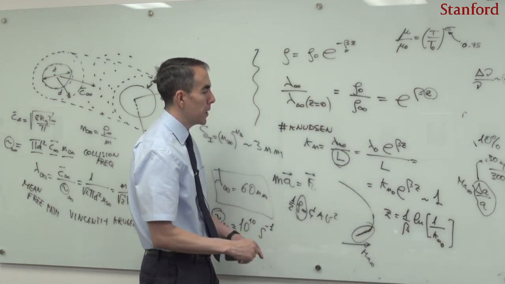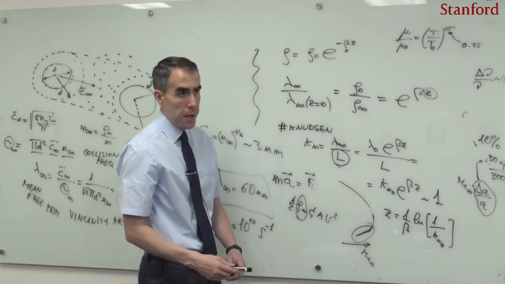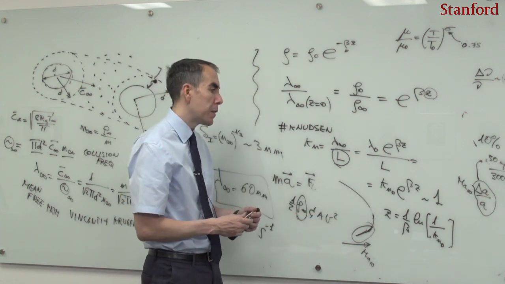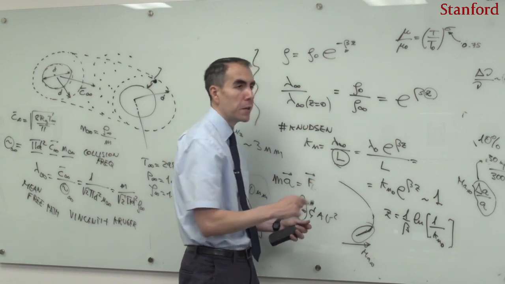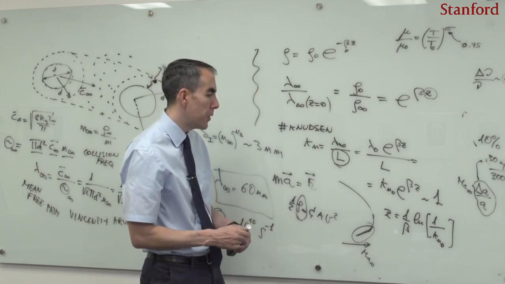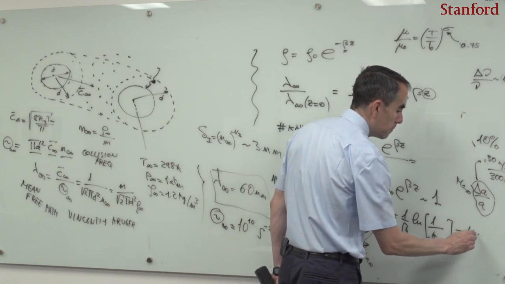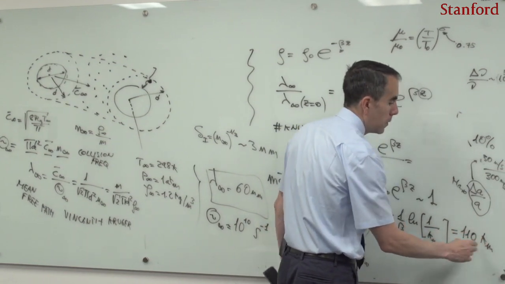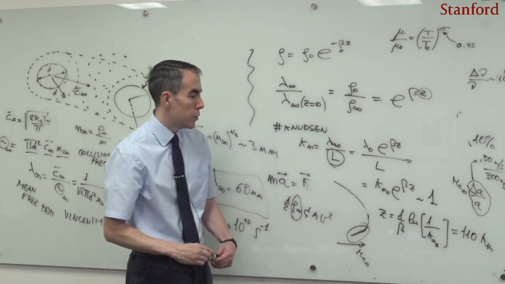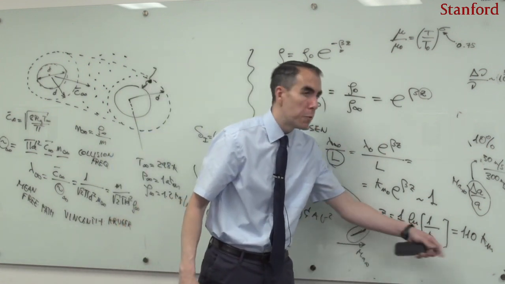If you plug in this Knudsen number at sea level, the 60 nanometers for the mean free path at sea level and the 1.2 meters of the radius of the nose of the space shuttle, then you're going to find that the critical altitude is about 110 kilometers. So at 110 kilometers, the Knudsen number will be 1.